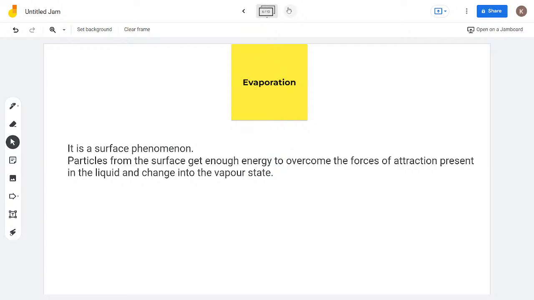What are the factors affecting evaporation? The factors which affect evaporation are increase of surface area, increase in temperature, decrease in humidity, and increase in wind speed. Let me write here for you.